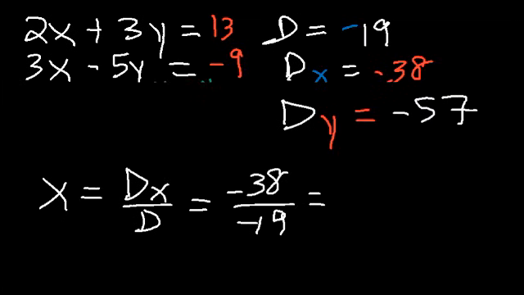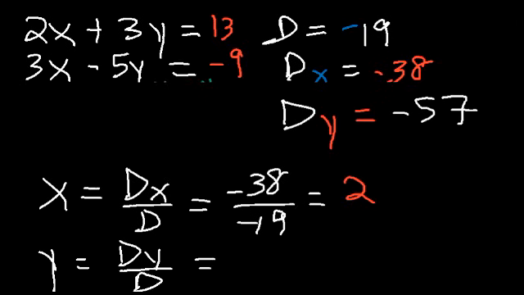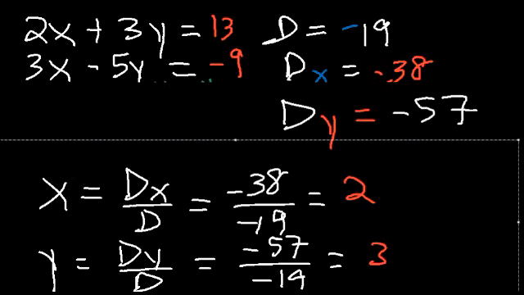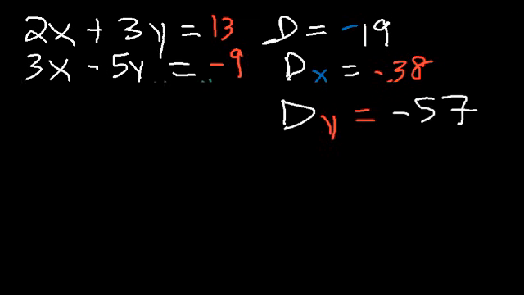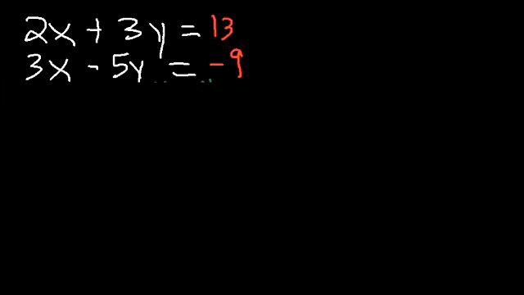So x is positive 2. y is equal to dy divided by d, which is negative 57 divided by negative 19, and that's equal to positive 3. Now that we have the values of x and y, which are 2 and 3, let's see if the answers are correct.